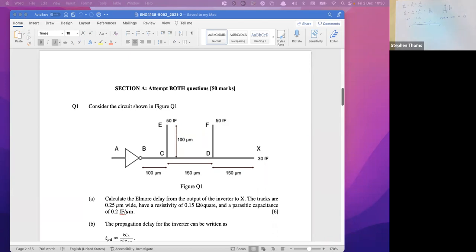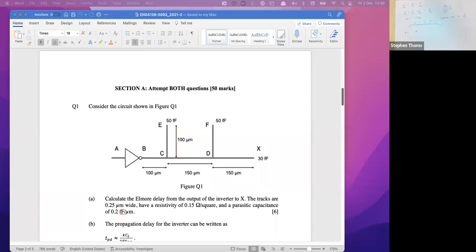We need to work out the different resistances for each of the sections. So if you look at B to C, the first thing to do is to work out the resistance and the capacitance from B to C. And the resistance, you start off with that.